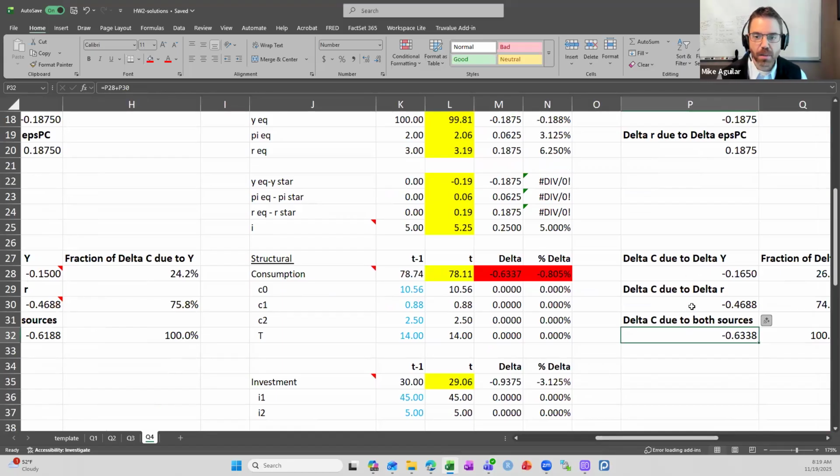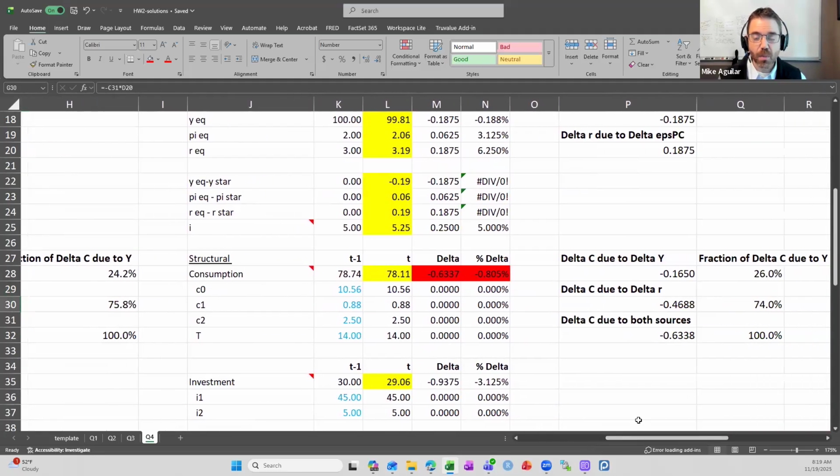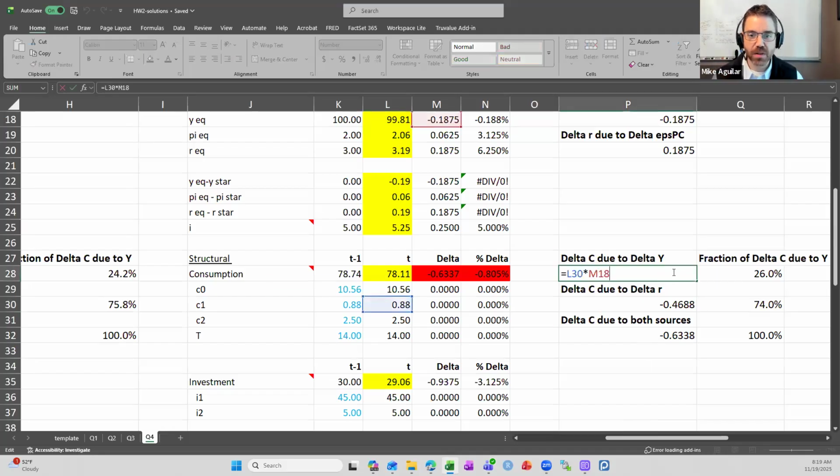I got minus 0.4688, minus 0.4688. There's no difference. Why is that? For the interest rate, we have the change in the equilibrium interest rate and the sensitivity. Both of those are the same. So the size of the shock, the amount of this that's due to the change in the interest rate, is the same.